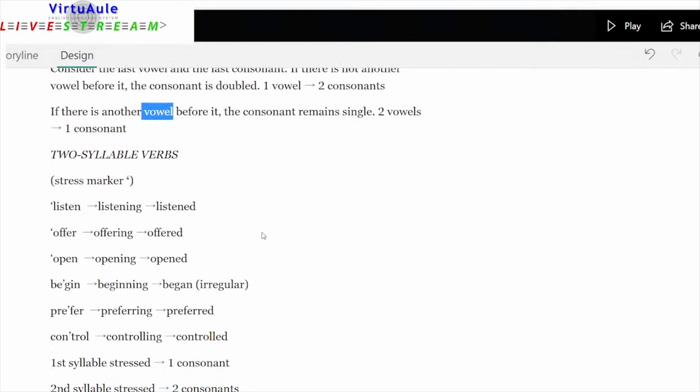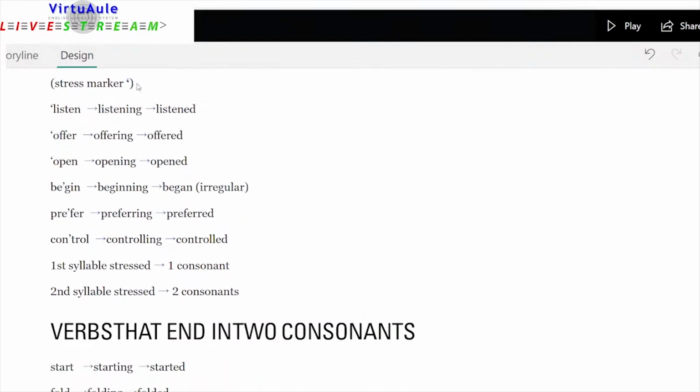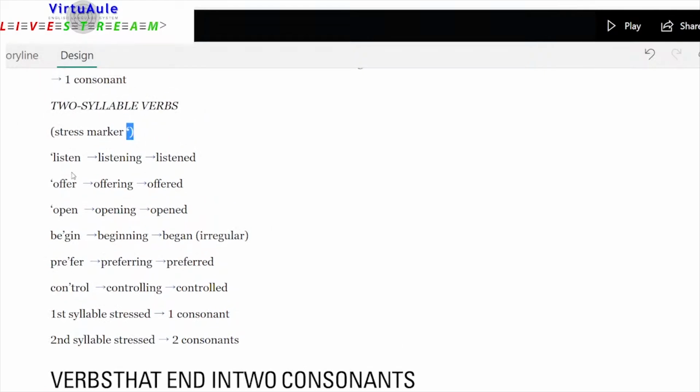Okay, let's look at the two-syllable verbs. We have a stress marker so that you can also understand the stress, because sometimes the stress changes. Listen has the pattern: consonant T, vowel E, and then the consonant N. That's two syllables, so you don't double that consonant.